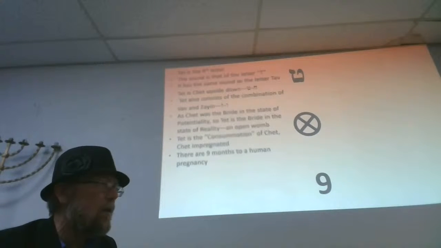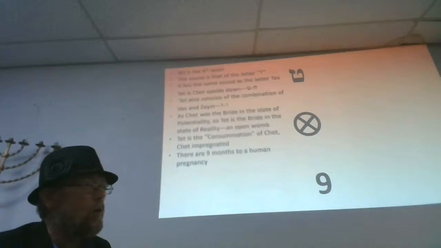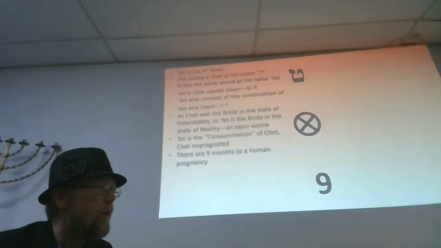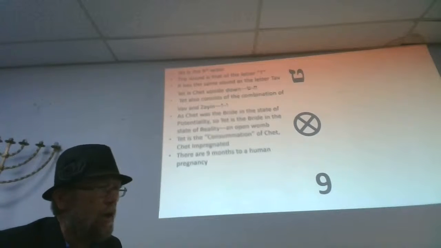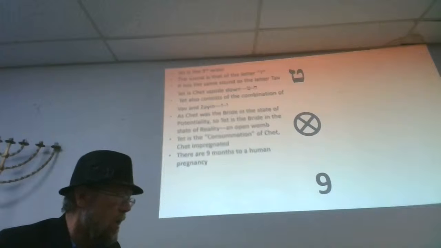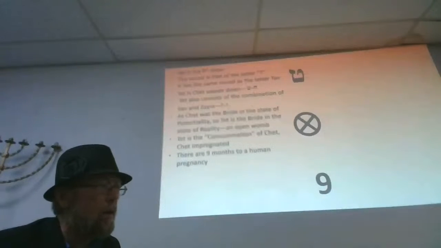So it is that Mashiach and Ruach HaKodesh, Mashiach and the Shekinah, represent the husband and the wife, the bride and the groom. Mashiach is the groom, and the Shekinah, the Ruach HaKodesh, is the bride.